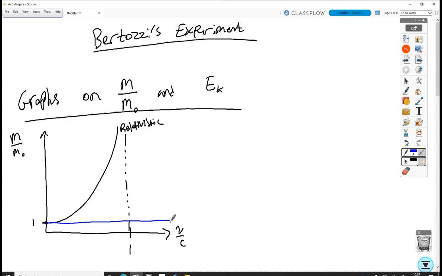So the classical approximation will just be a flat line here. The classical says that no matter how fast you're going, the mass doesn't change. So it's a flat line. And if it's a flat line, we can see that classically, it's possible to say that things can move faster than the speed of light. But we know that doesn't happen.